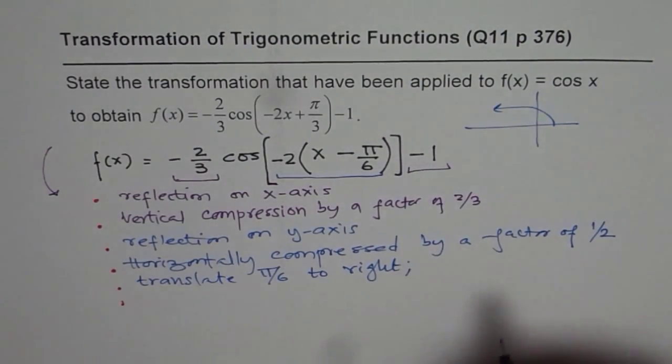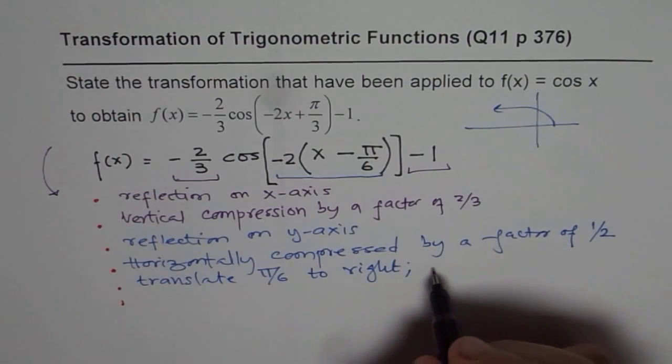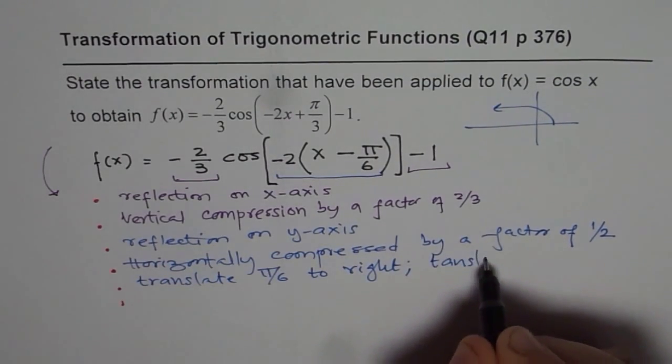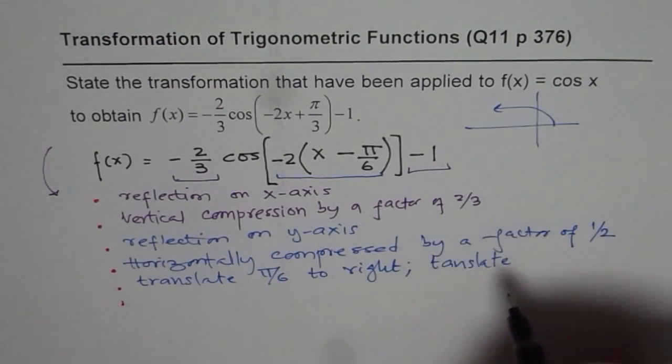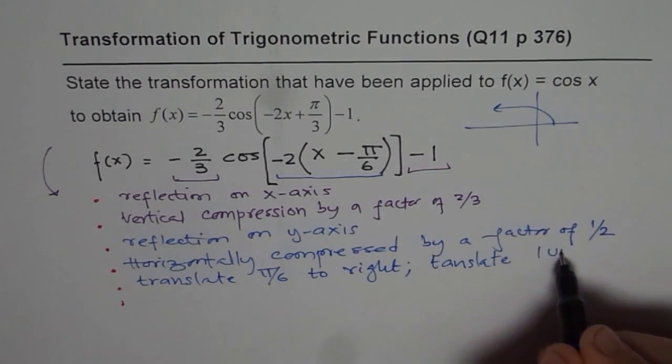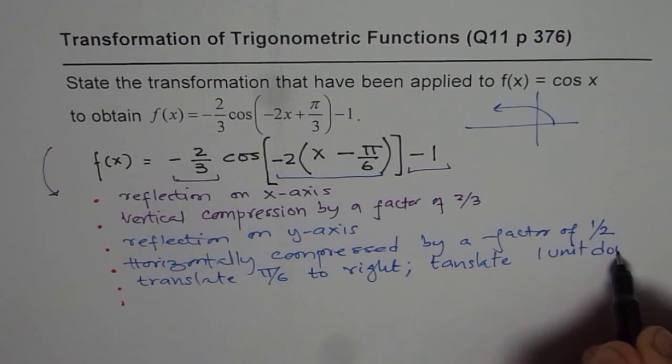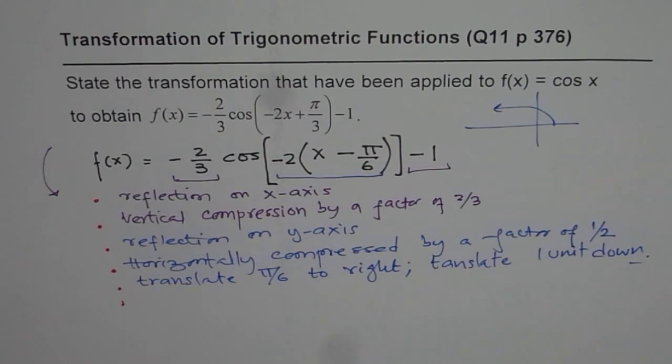Let me combine here itself and write this as translate or move vertically down by 1 unit. Translate 1 unit down. Right, so that is how you can write transformations for the given function.